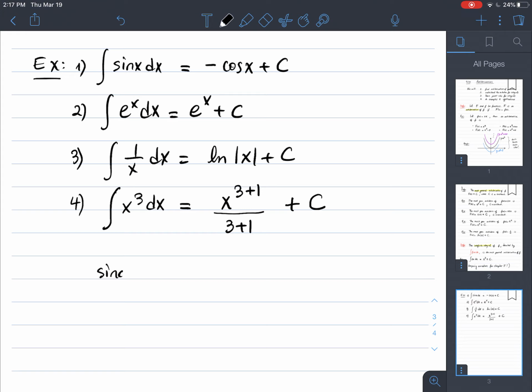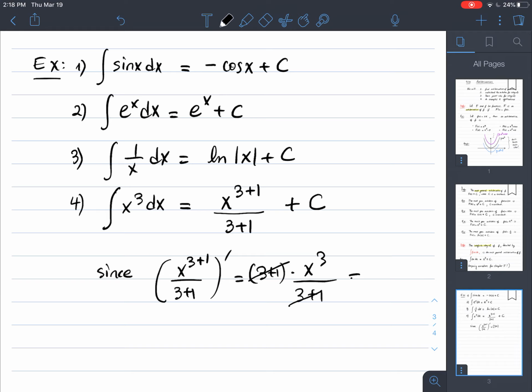So x to the power of 3 plus 1 over 3 plus 1, which is actually 4, plus c. The derivative is 4 times x cubed over 3 plus 1. So this cancels that, so this is x cubed.